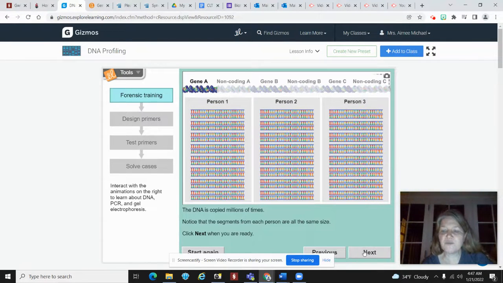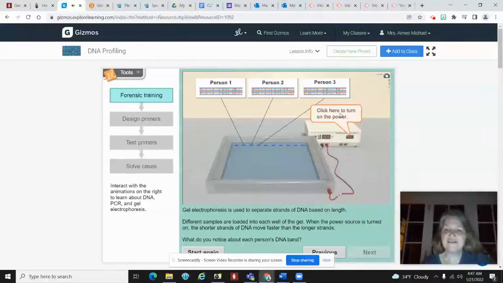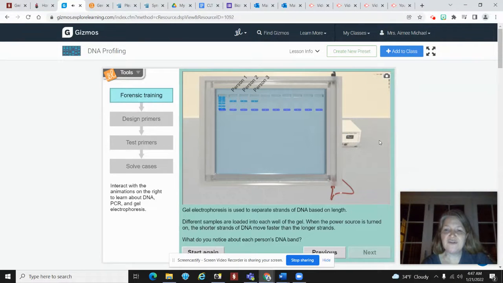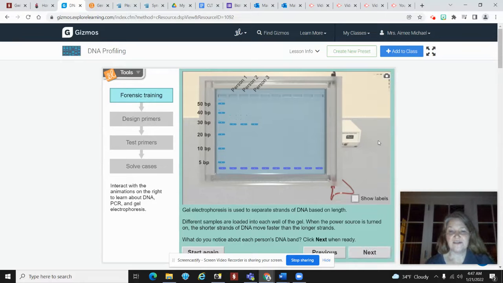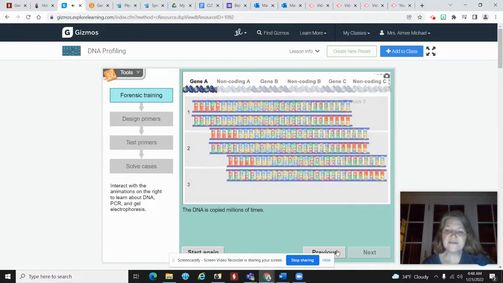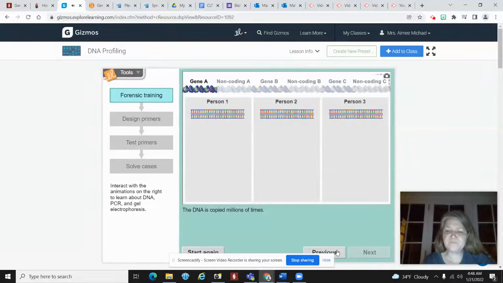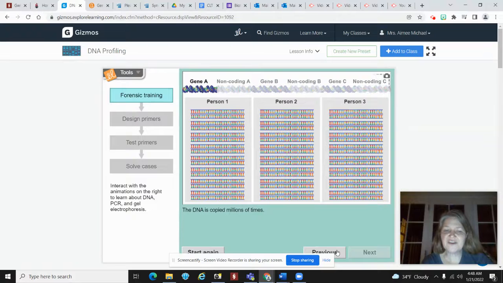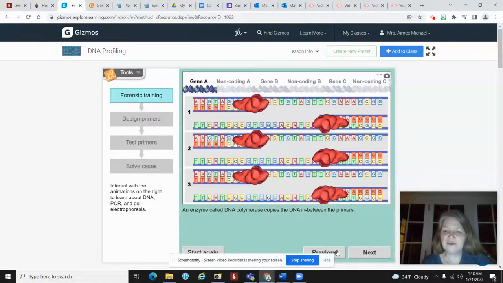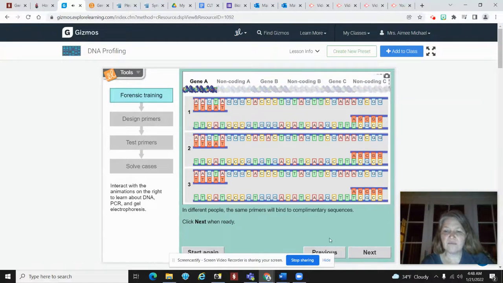There's no short tandem repeats. And if we put that in the gel pan and use electrophoresis, it's just going to show us that the DNA looks the same. So the premise behind DNA fingerprinting is the use of the non-coding regions. And if we're using the non-coding regions, we're able to compare DNA profiles.